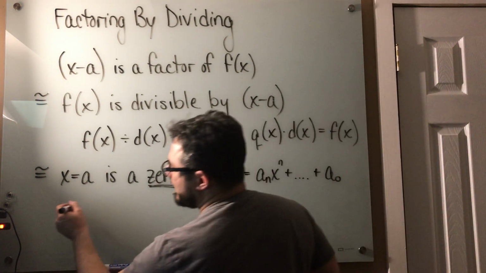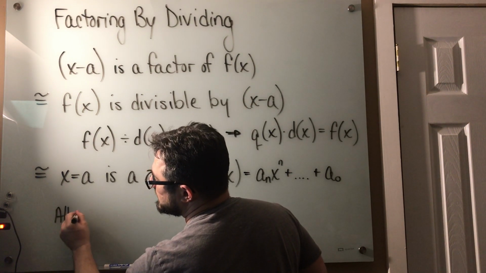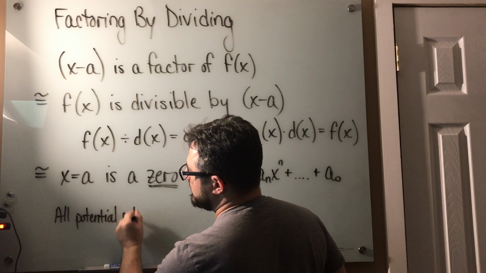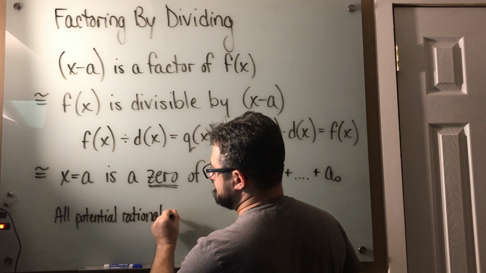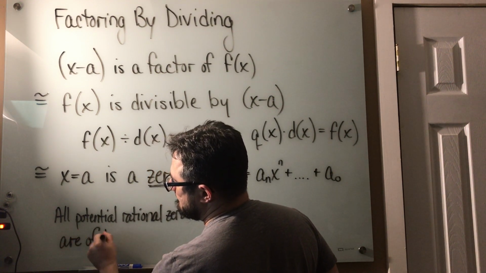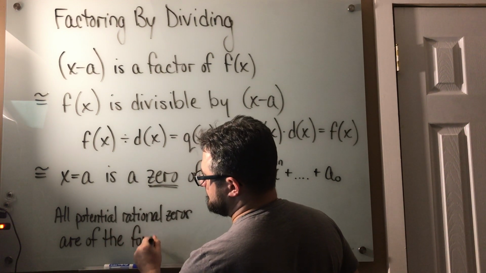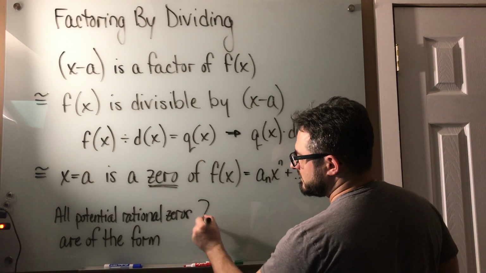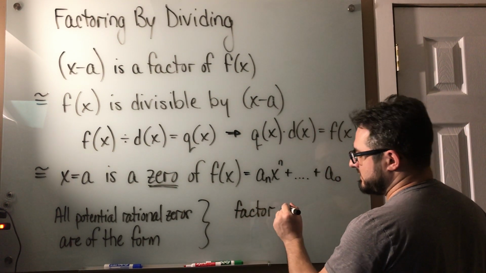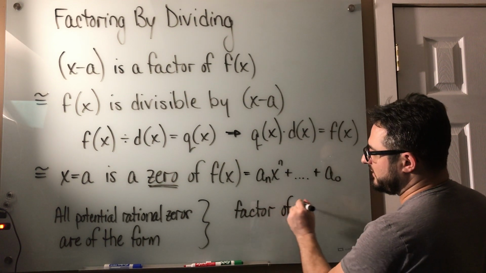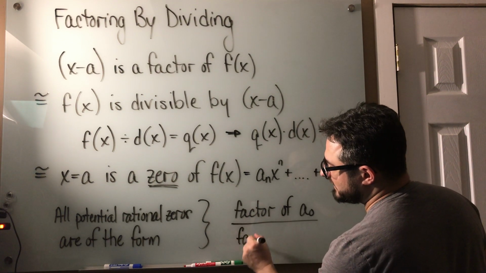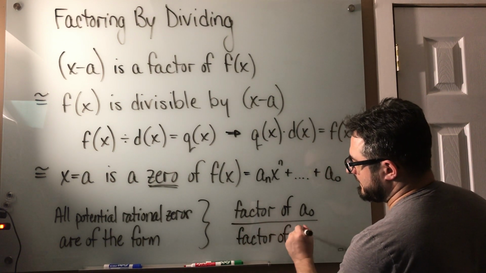The idea is then that all potential rational zeros are of the form some factor of a sub 0 over some factor of a sub n.